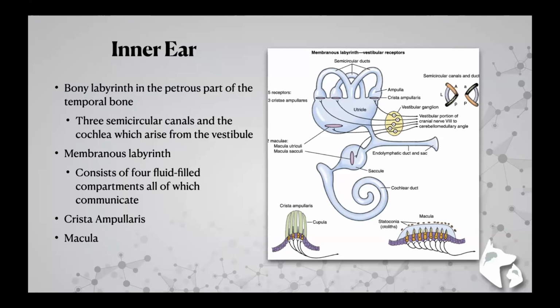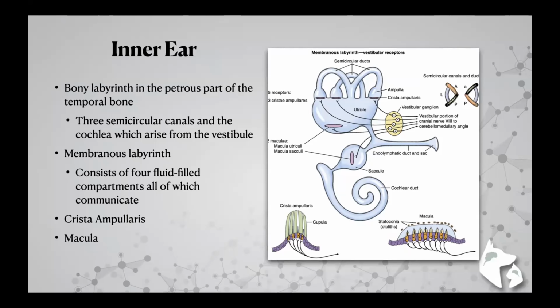So when you're driving in a car, it's going to be the macula that are involved, because you have that initial acceleration and deceleration, but otherwise it's the same. And these are also going to be used with up and down movement, such as an elevator.